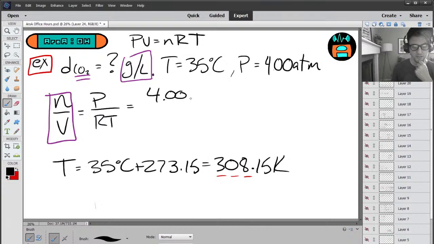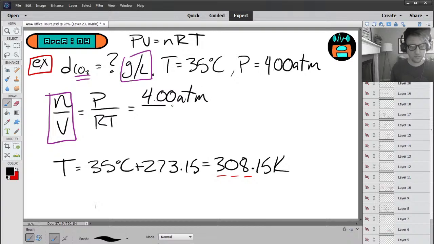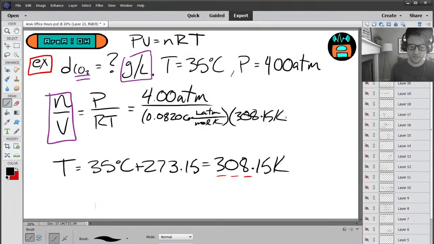Pressure is 4 atmospheres, R is 0.08206 liter atmospheres per mole Kelvin, times T, which is 308.15, and atmospheres cancel, Kelvin cancels.